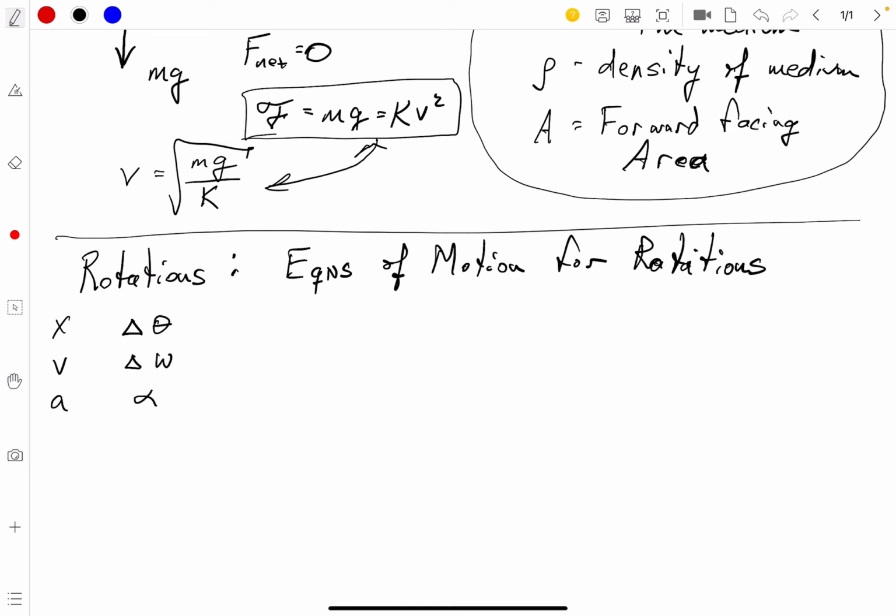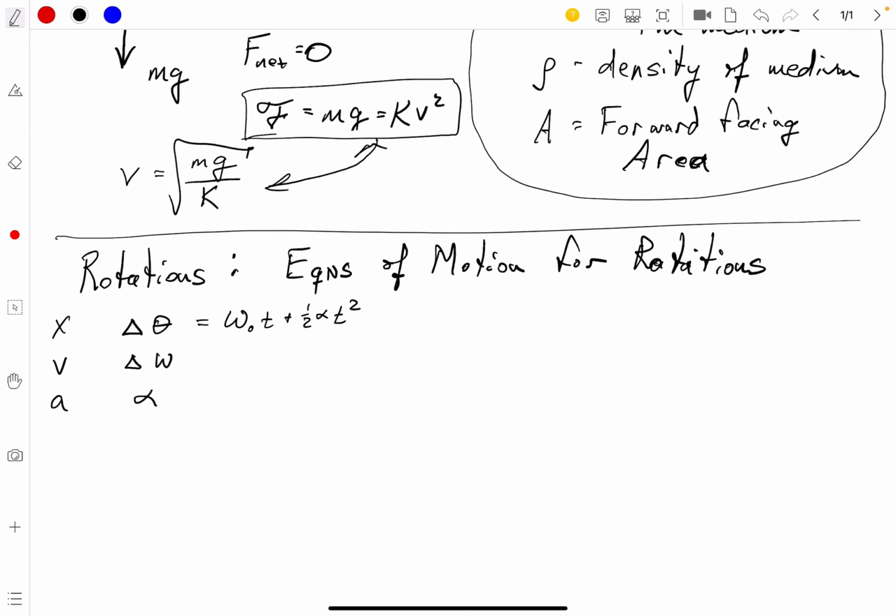We can just start talking about what that is. If there's an angular acceleration, then delta theta is equal to omega initial times time plus 1/2 alpha t squared.